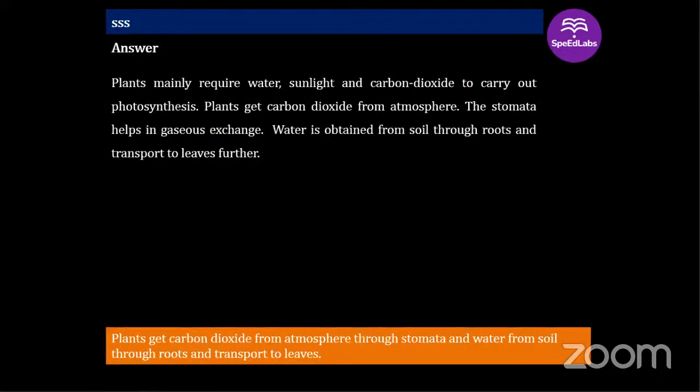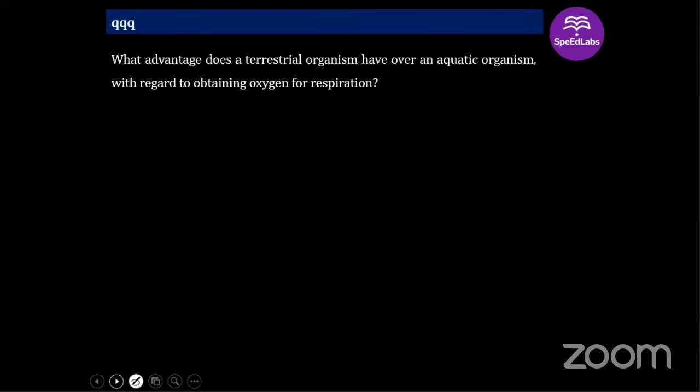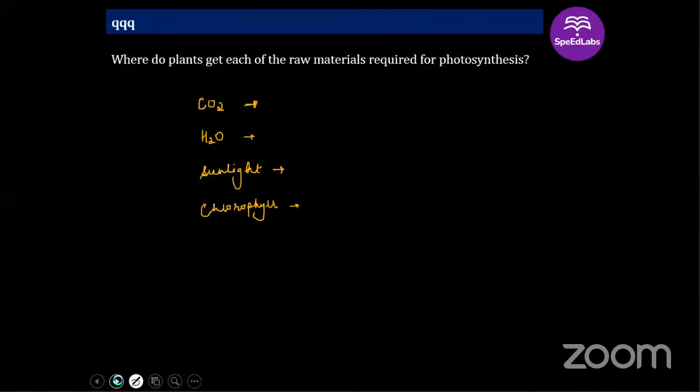Okay, so see here, plants require water, sunlight, carbon dioxide to carry out photosynthesis, and chlorophyll also. Plants get carbon dioxide from the atmosphere through stomata. The stomata helps in the gaseous exchange. Water is obtained from the soil through the roots and transported to the leaves further. All right. Okay, so this question is important.